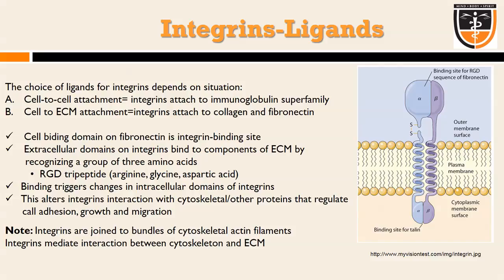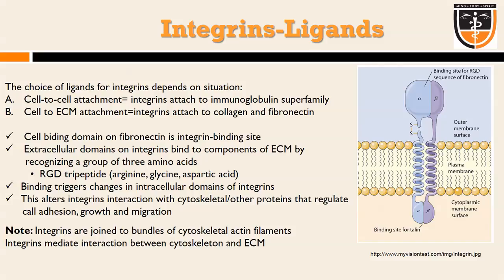But this is cool. Cool is how they work. So the cell binding domain of fibronectin is an integrin binding site. So fibronectin will have a cell binding domain that normally binds to the cells, and this fibronectin, an extracellular matrix structure, will bind to integrin.